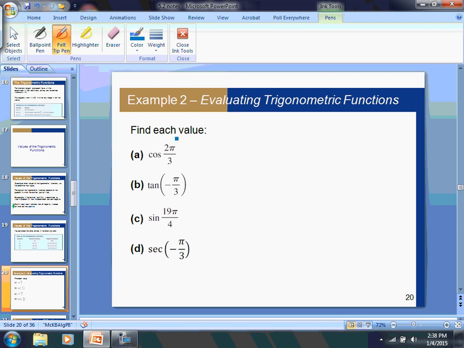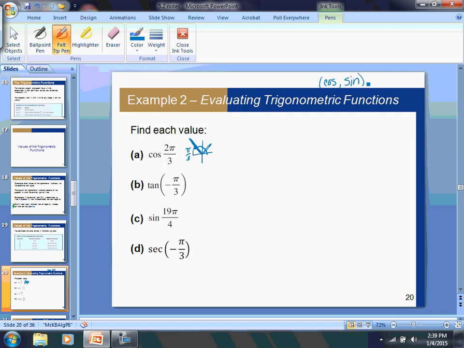Okay, 2 pi over 3 is going to be in our second quadrant. It's right about there, 2 pi over 3. So our reference angle then is going to be pi over 3. That's how far we have to go to get to the x-axis. So remember, this terminal point is going to be the same as pi over 3 in the first quadrant. And it's cosine. So remember, in our ordered pair, we have cosine for the x and then sine for the y value.